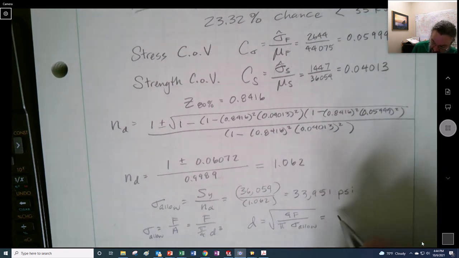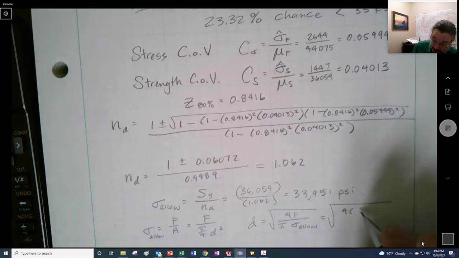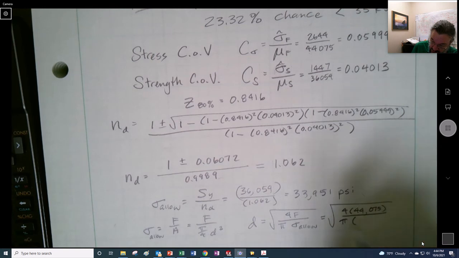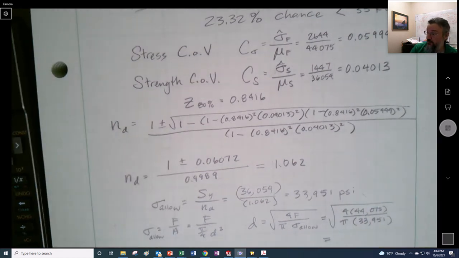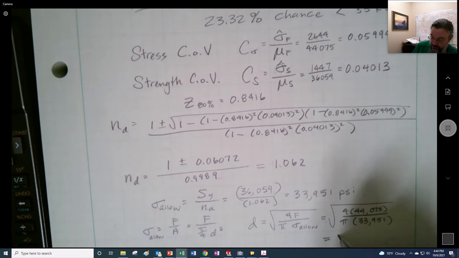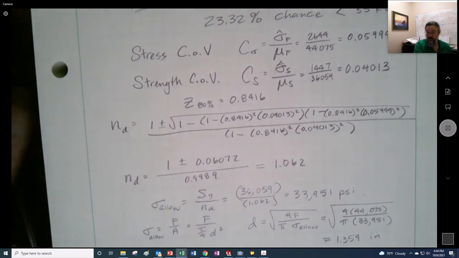We're using the average force, 4 times 44,075, divided by pi times 33,951. What we're left with according to this is we need 1.354 inches.